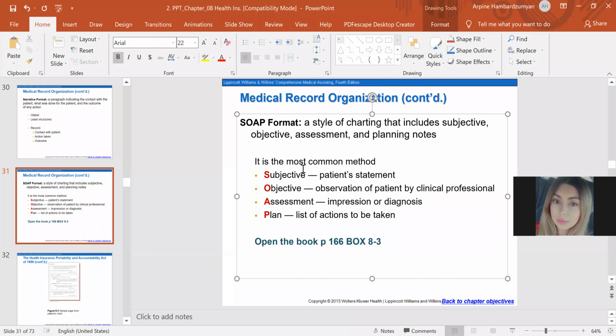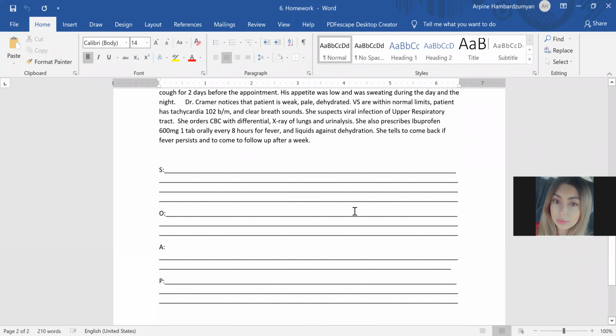In order not to have difficulties with your homework, let's stop the lecture for today and see what you are required to do in your homework with the SOAP part. Do you see your homework in front of you?